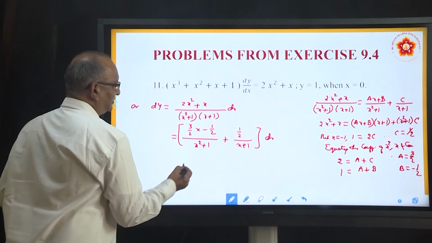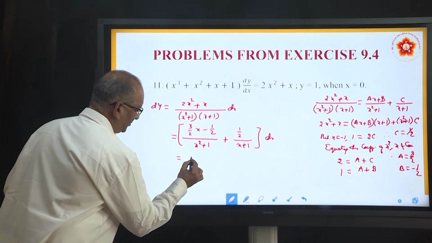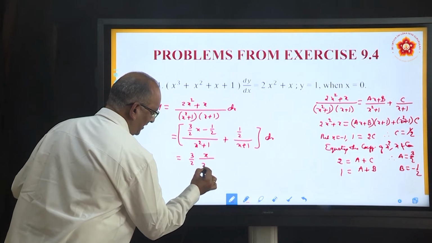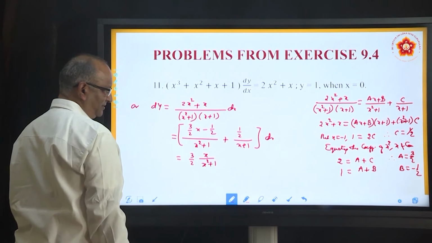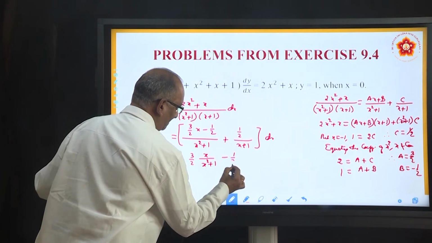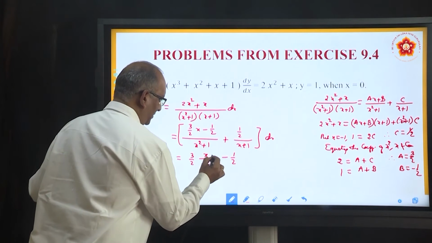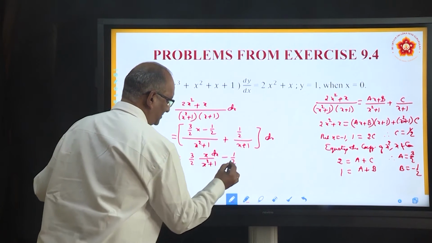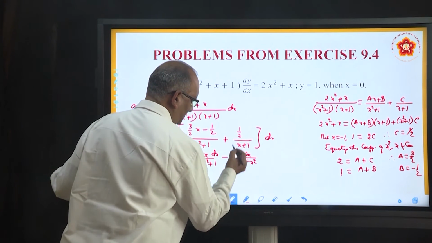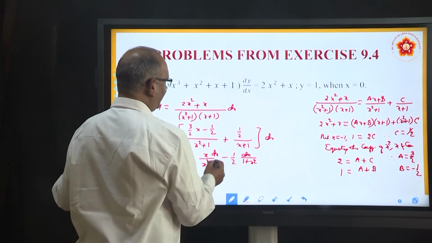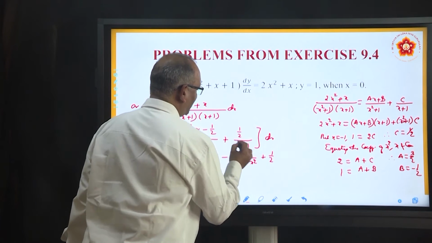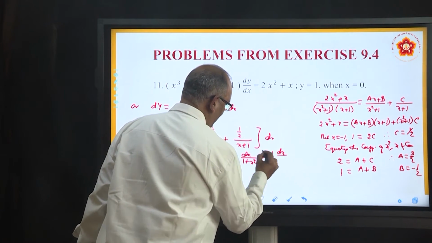We can write this as 3 by 2 x upon x square plus 1 dx, then minus 1 by 2 dx upon 1 plus x square, and then plus 1 by 2 dx upon 1 plus x.